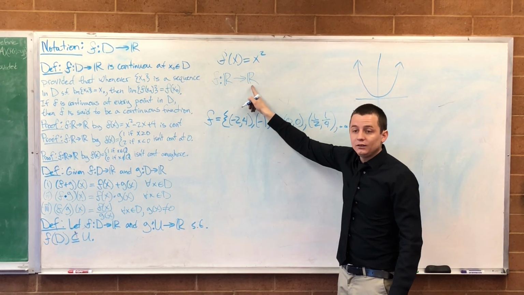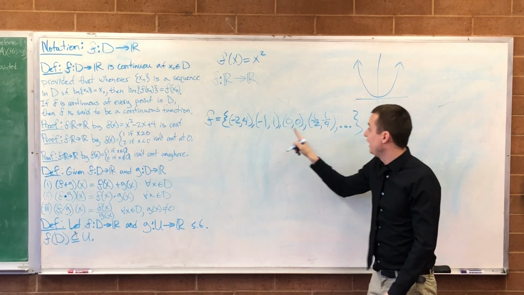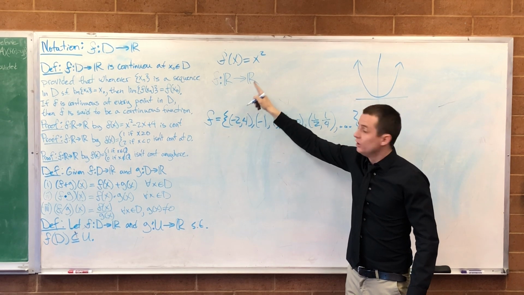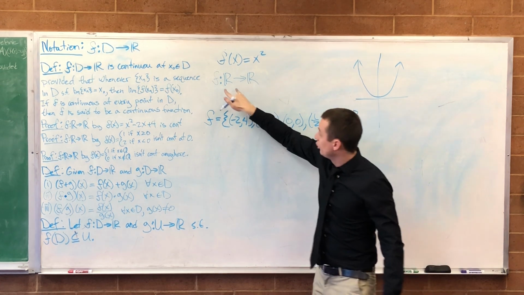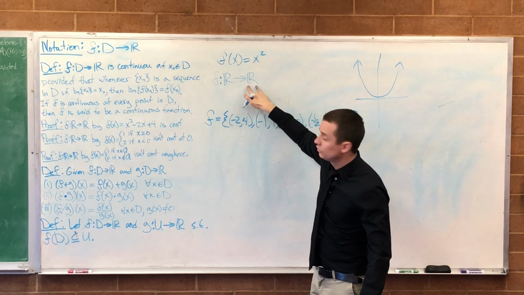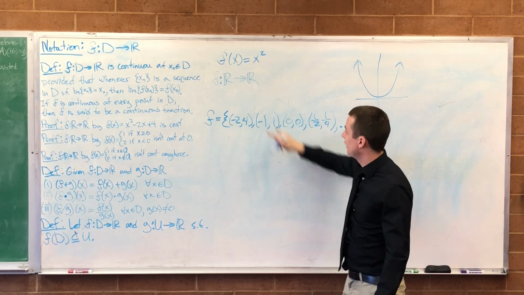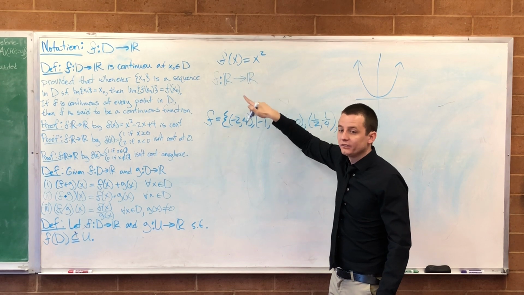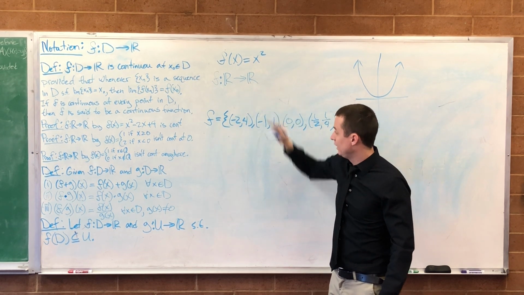This set on the right, it's not the set of all our right-hand values, but all our right-hand values have to be in that set. So if f is a function from R to R, then we know that its domain is R, and its image, or its range, is a subset of R. All the right-hand values, if we put all those in a set, it's going to be a subset of this. They all have to be in here. But it doesn't have to use all the values in R. Okay?